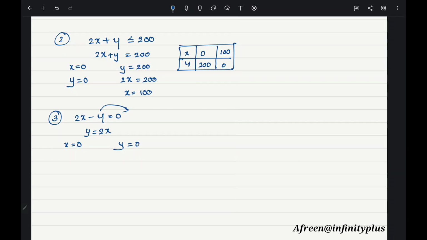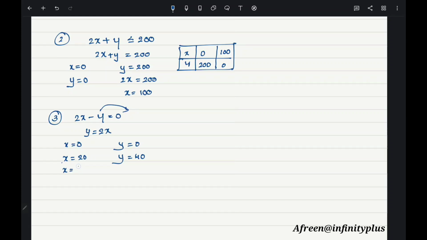Now if you are thinking we have to give again y is equal to 0, no, you have already got for x is equal to 0, y is equal to 0. Again if you give y is equal to 0, you will get back the same x is equal to 0. So better give some different values so that you will have an accurate graph. I will be taking x is equal to 20. Then y is equal to 2 into 20, that is 40.